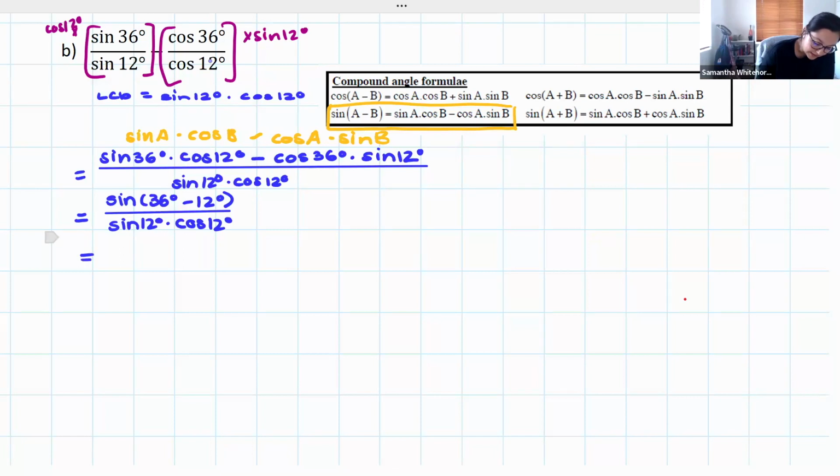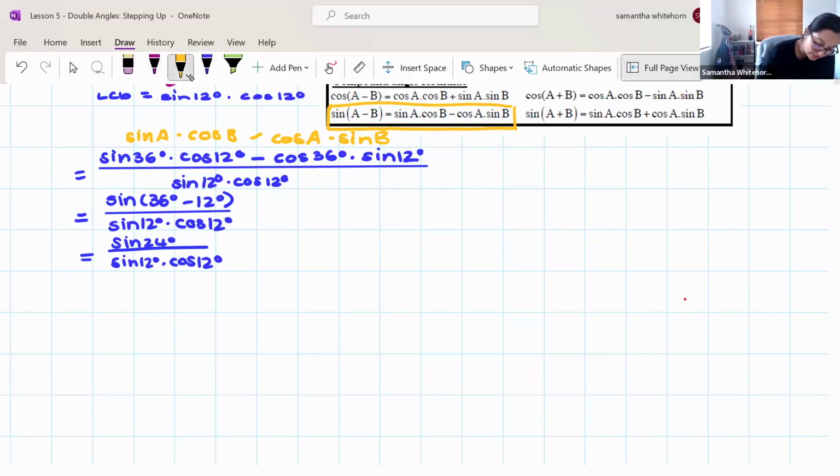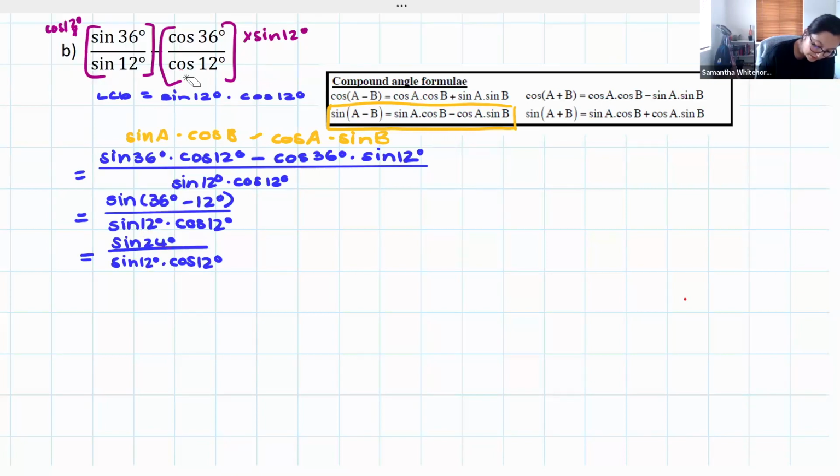So like I said, this is going to simplify to sine 24 over sine 12 cos 12. And if we have a look here, this numerator is now a double angle. So sine of 24 degrees, let's try that again, is a double angle. If we double 12, we get 24. And so now we can apply our double angle formula.